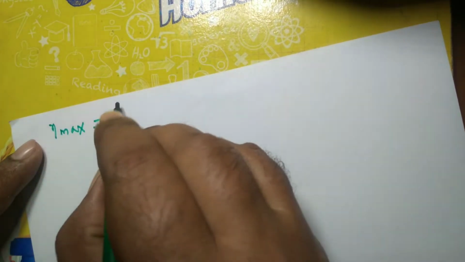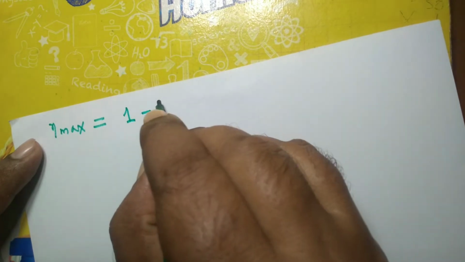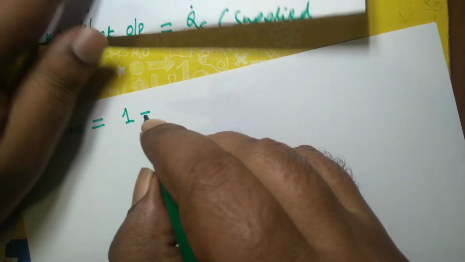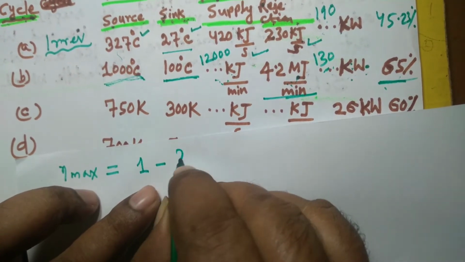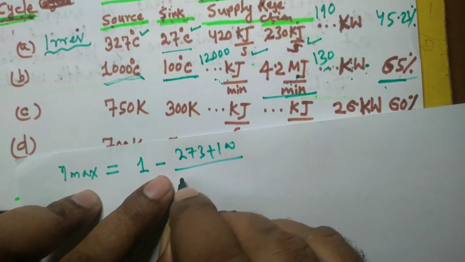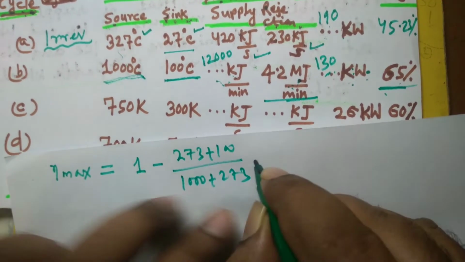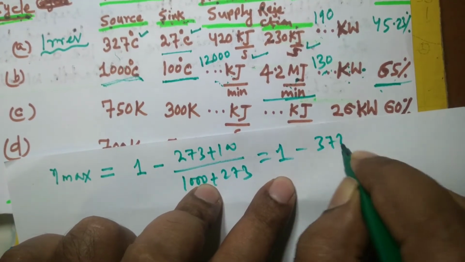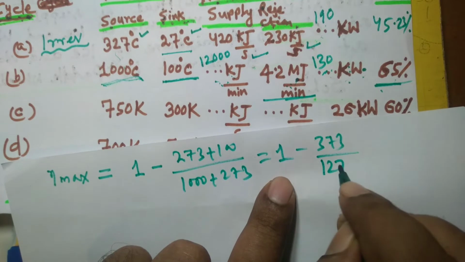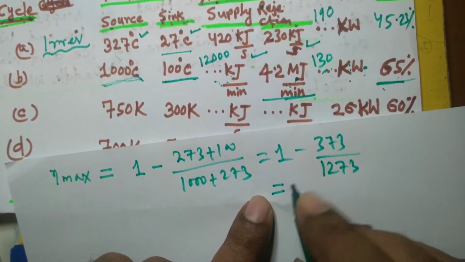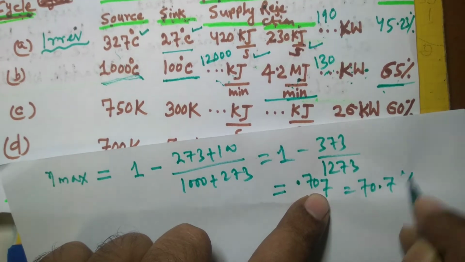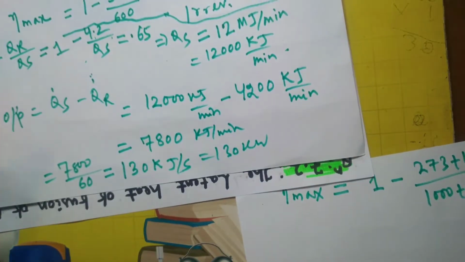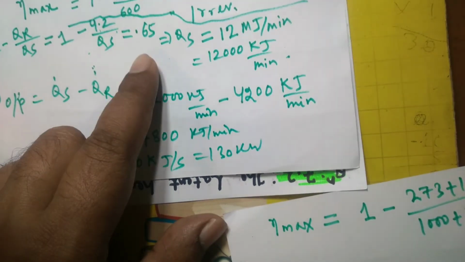Maximum possible efficiency between these two given temperatures is 1 minus the sink temperature, that is 100 degrees Celsius, which has to be converted into absolute temperature: 273 plus 100, divided by the source temperature plus 273, that is equal to 1 minus 373 divided by the source temperature, which is equal to 0.707 or 70.7%.